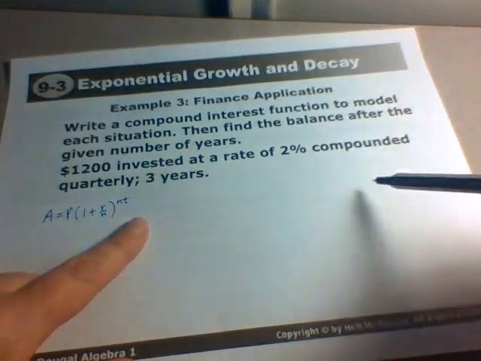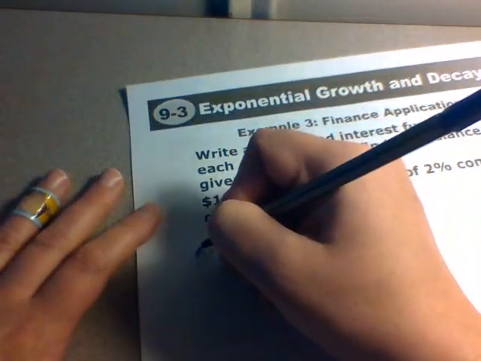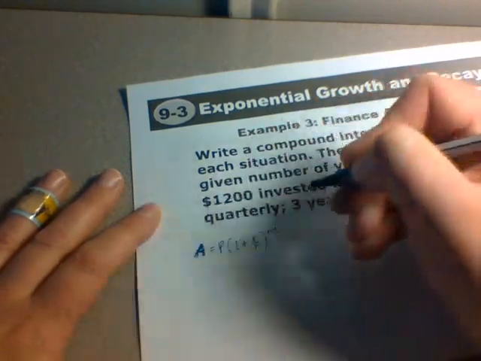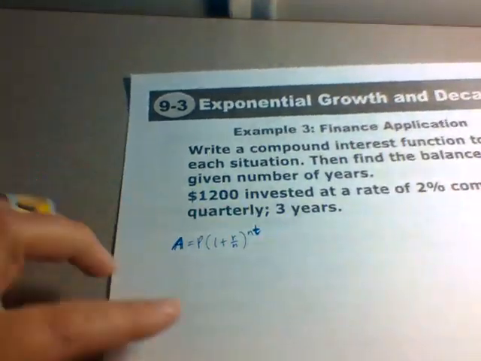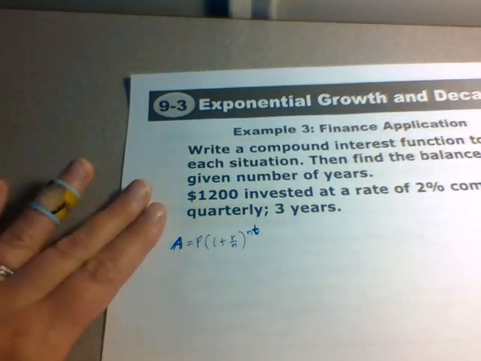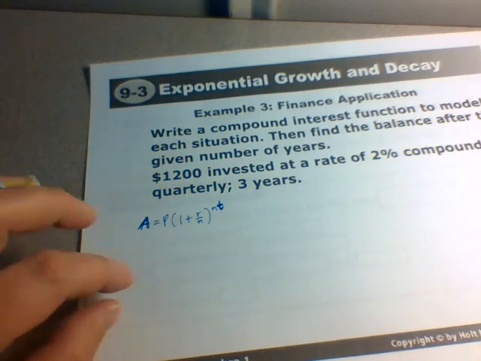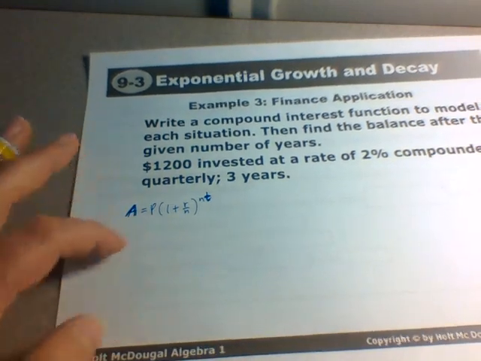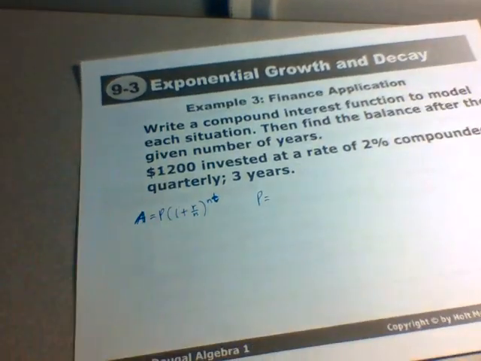So once we actually plug it in, then we'll put in a 3. So A and T are going to remain A and T in this formula so that we can have a function and not just an answer. In that case, we need to find that P, remember, is named as the principal or the original amount.